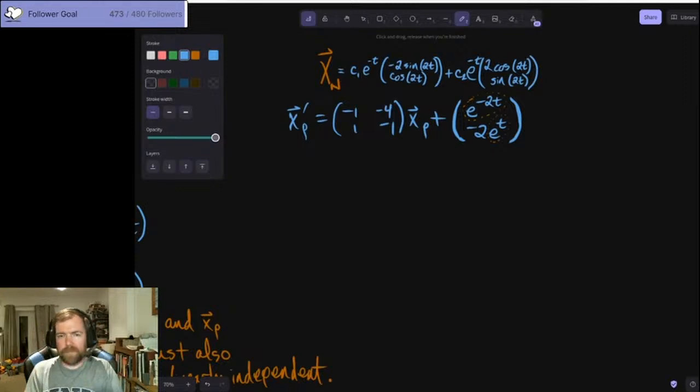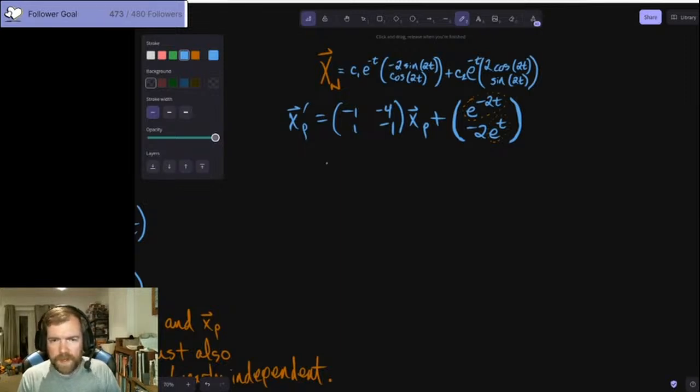If we had an e to the minus t sine t somewhere in here, then I'd be a little more worried. Or sine 2t. Even a sine t would be okay because we have some difference. It's not strictly a constant multiple of the original.